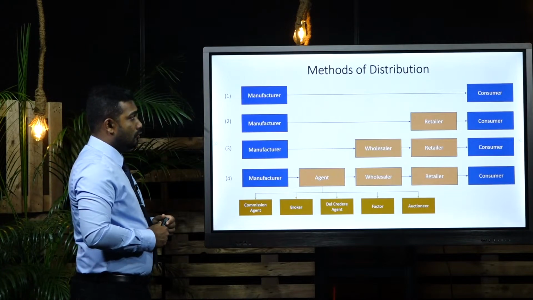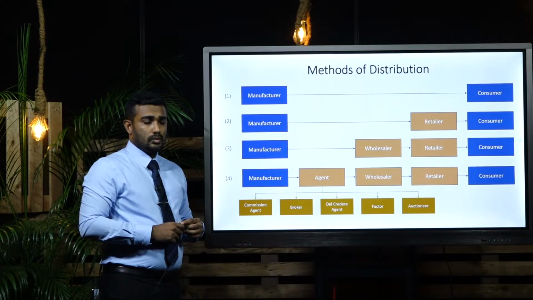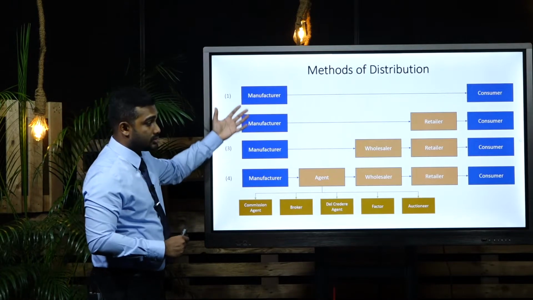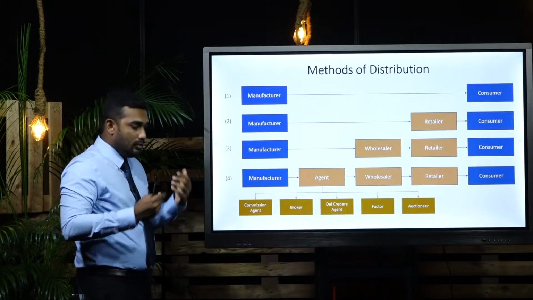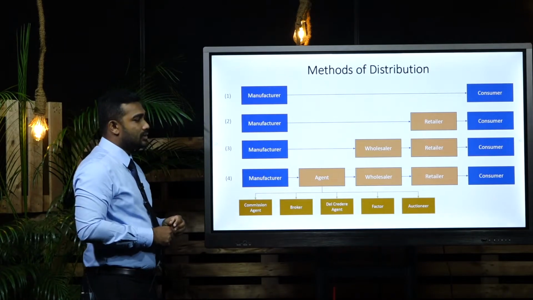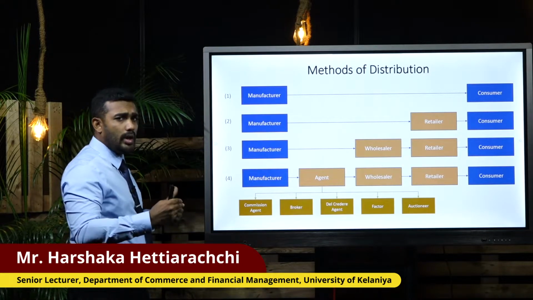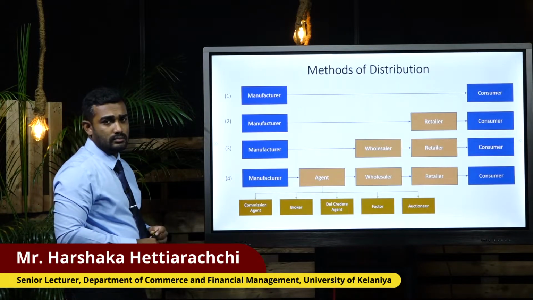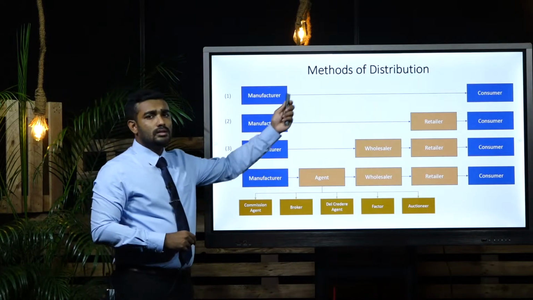So, what would happen to the services? In terms of a product, we looked at different models. If it is a service, now you can imagine what happens with a service. Services are most of the time having the direct distribution.